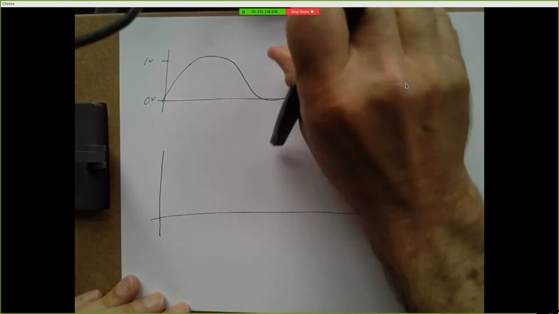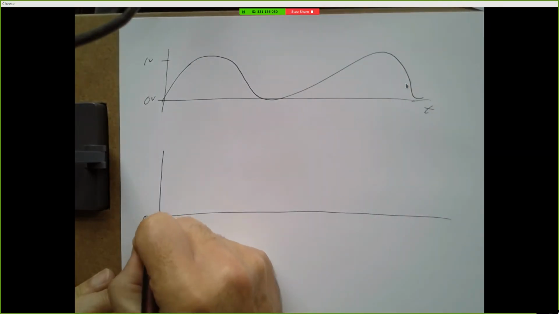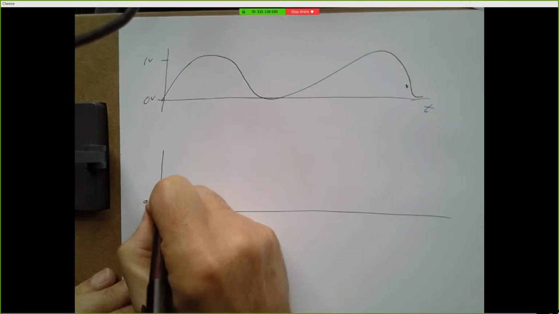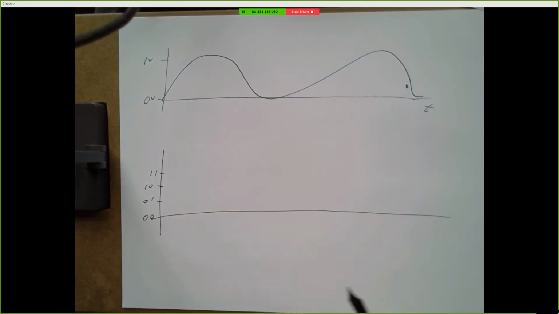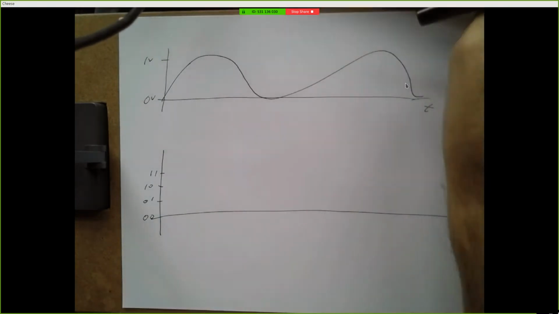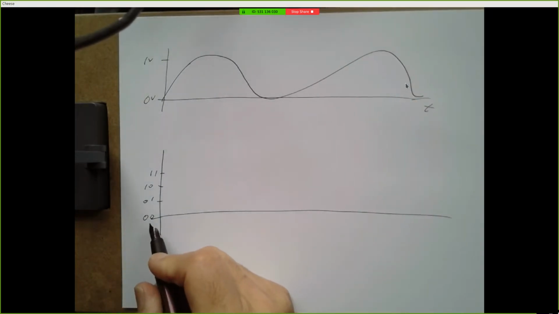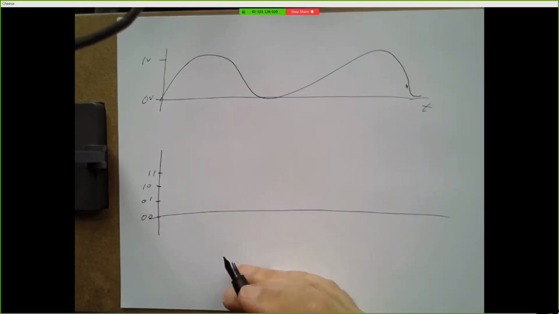And let's digitize it. Instead of just using a single bit, let's use 2 bits. So we will have 4 possible voltage levels, right? With 1 bit, we had 2 possible voltage levels. With 2 bits, we have 4 combinations of 2 bits, so we have 1, 2, 3, 4 possibilities.